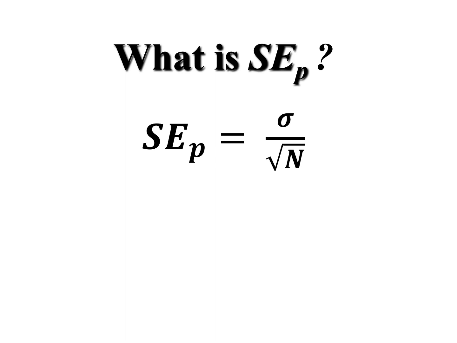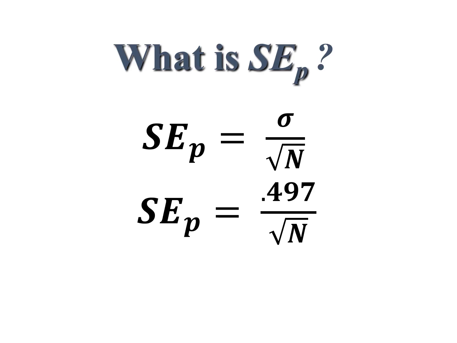So now all we have to do is put our standard deviation into our formula in order to calculate the standard error. So the standard error is going to equal 0.497 divided by the square root of n.